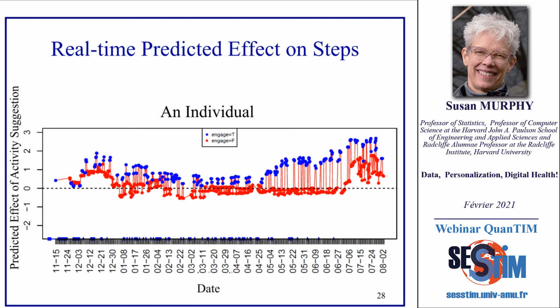This individual started in the study in mid-November 2019 and ended the study in early August 2020. Just notice that the pandemic really caused a lockdown in Seattle around March, so that's in the middle of the graph.